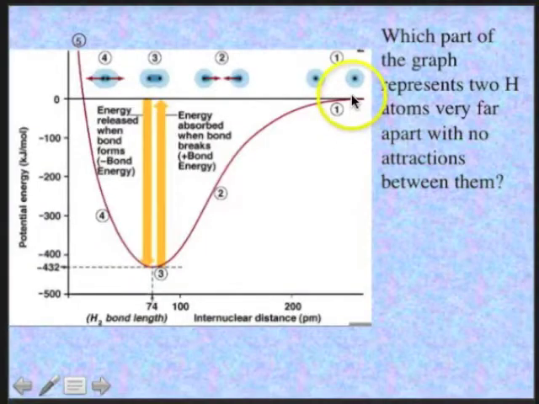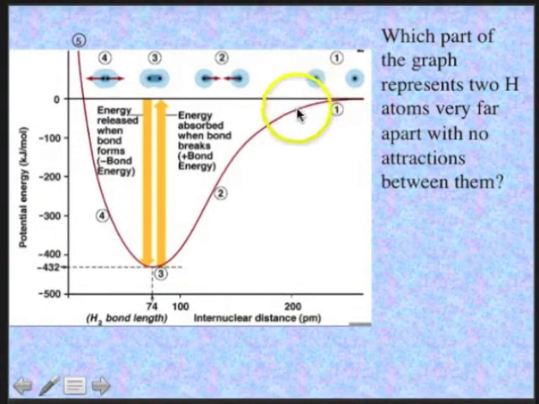So as two hydrogen atoms approach each other, what we see is that the attractive forces increase between the electrons and the protons of both atoms. And the energy begins to fall to a minimum, to a low energy state as energy is released, as these attractive forces between electrons and protons are maximized.